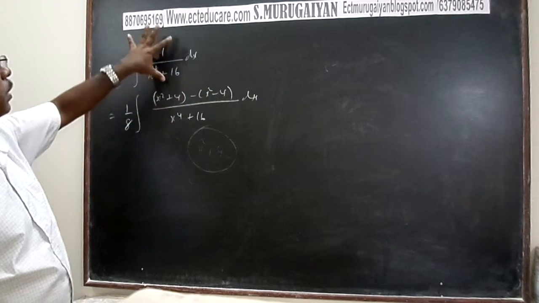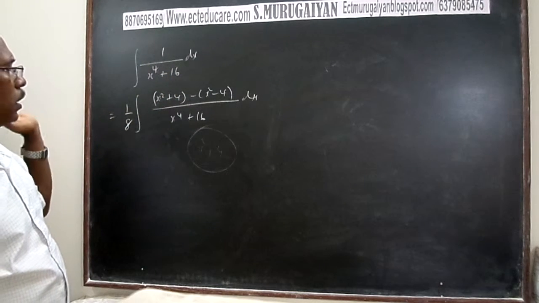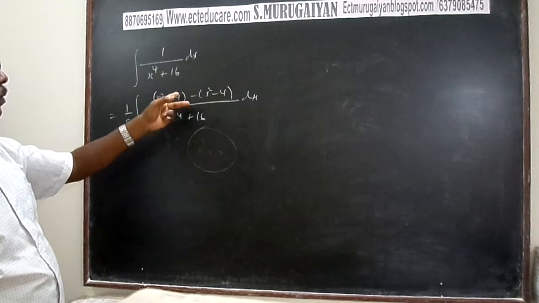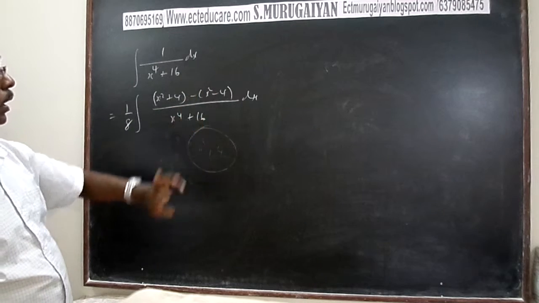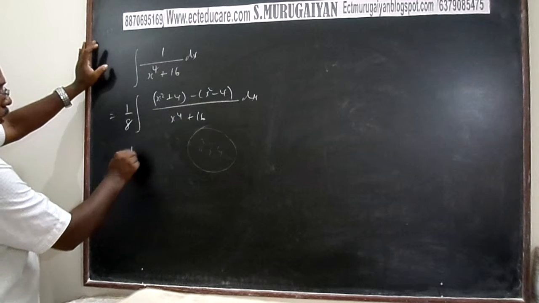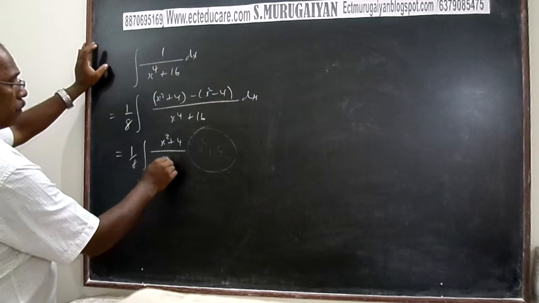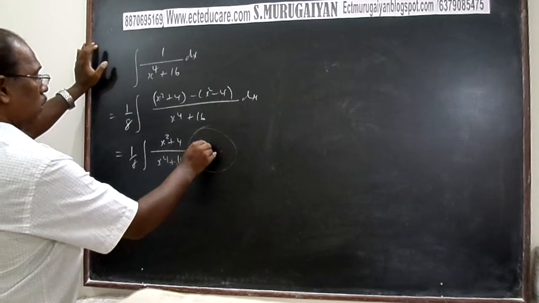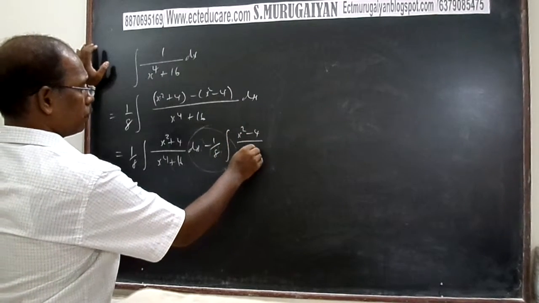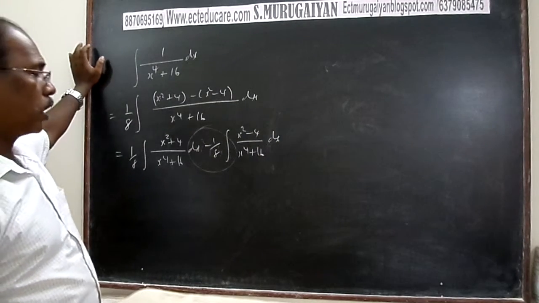Now this is nothing but the given integral dx by x power 4 plus 16, satisfying the standard equation. The square root of x power 4 is x square, the square root of 16 is 4. So better we can separate into two integrals: 1 by 8 integral of x square plus 4 by x power 4 plus 16 dx, minus 1 by 8 integral of x square minus 4 by x power 4 plus 16, and both I1 and I2 are in standard form.